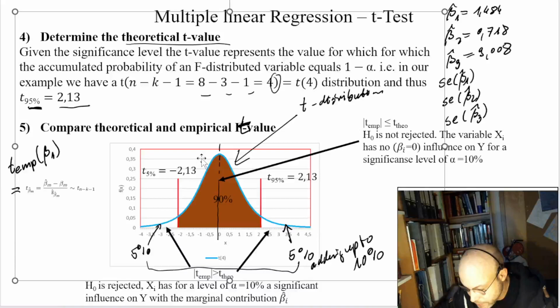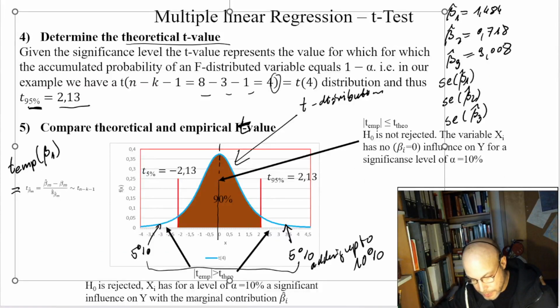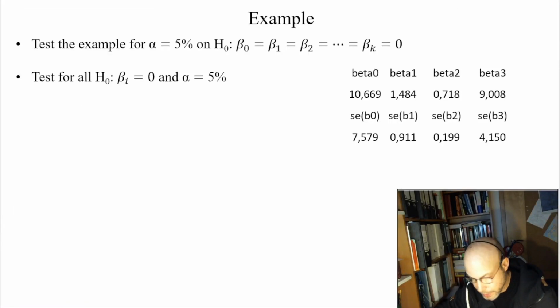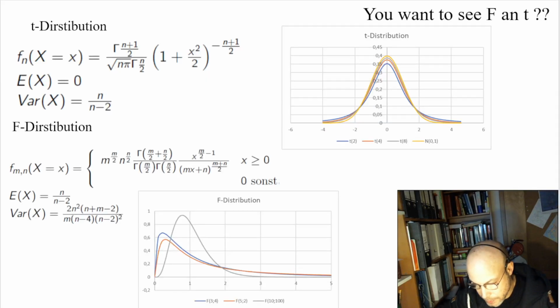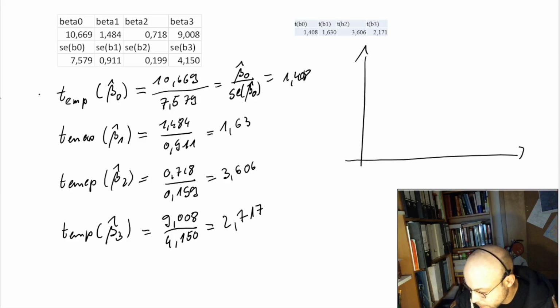Well, we have to compare this with our value plus minus 2.13. So what we find then is we compare this in, oops, here we are, our distribution.